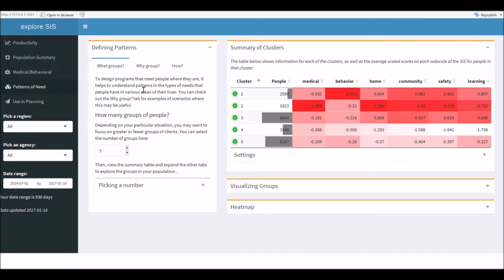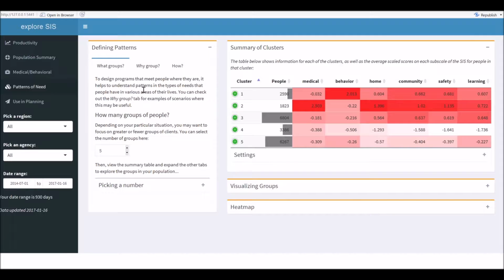Right now we're looking at the patterns of need analysis, and this analysis really grew out of multiple forums where people were asking questions like: we have this entire population of individuals who have intellectual and developmental disabilities, and yet we know that different people have different needs.